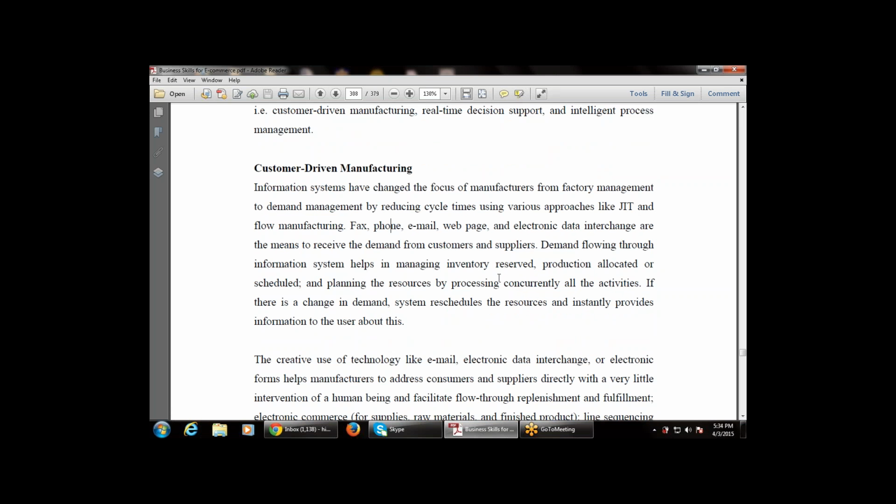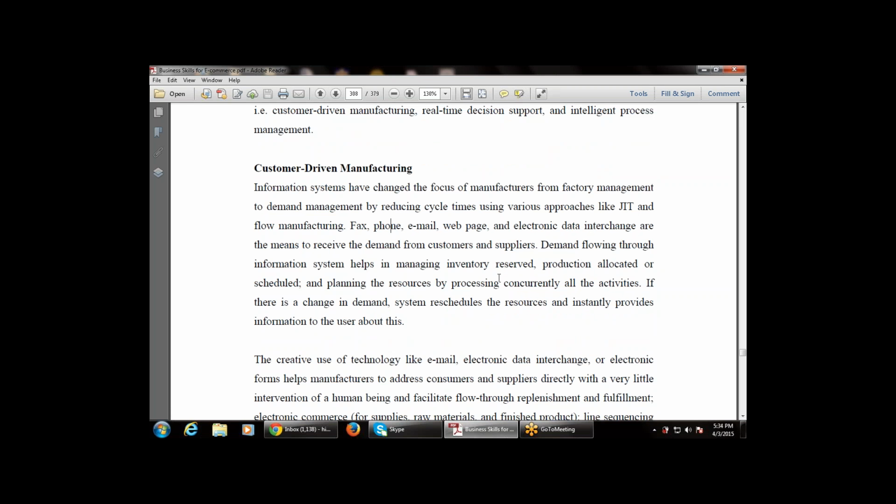Fax, phone, email, and various means are used to receive the demand from the suppliers and the customers. Demand flowing through the information system helps in managing the inventory reserved, production allocated or scheduled, and planning the resources by processing all the activities concurrently.